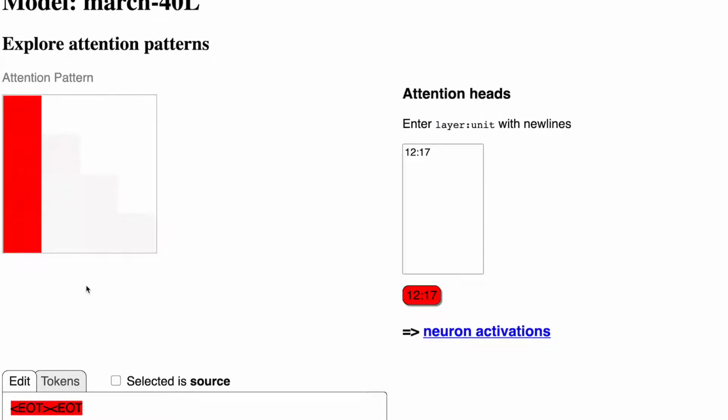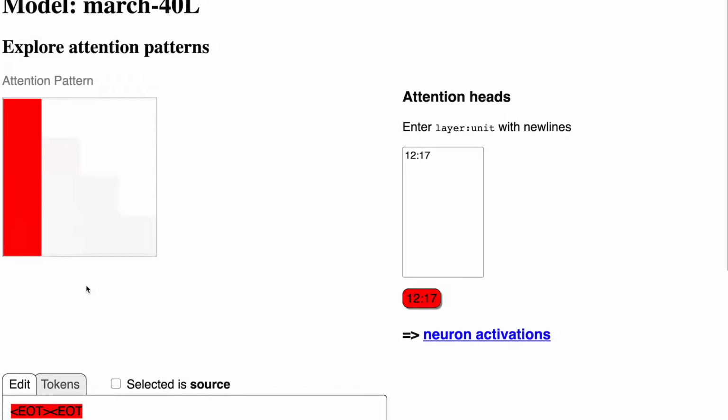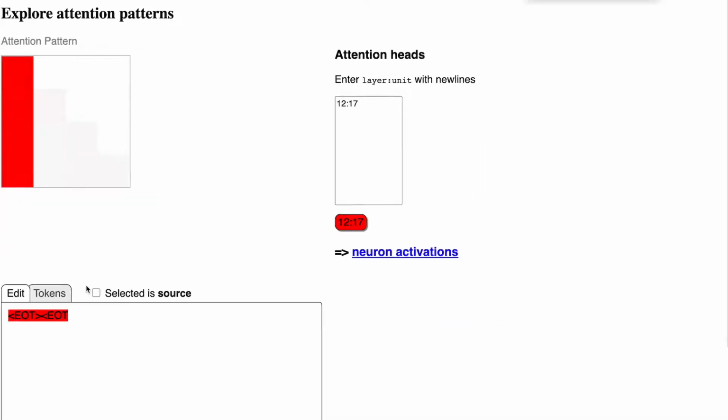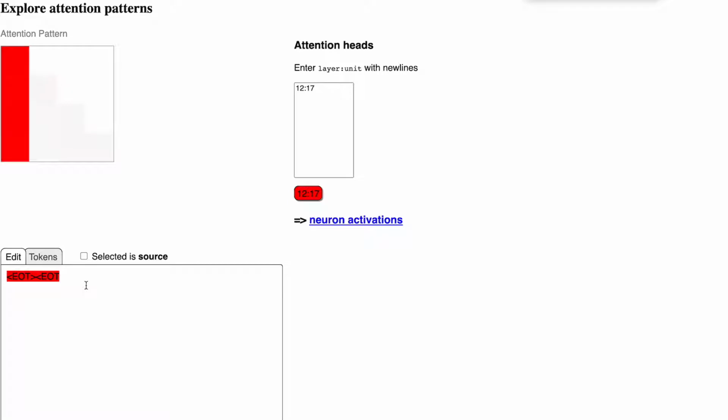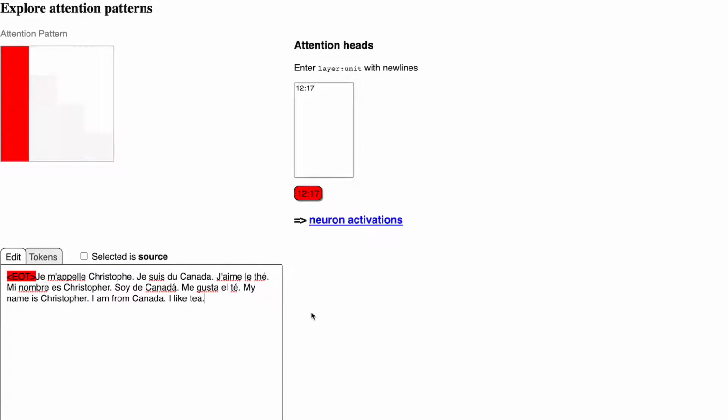Okay, so this is an interface that's going to allow us to poke around a little bit and type whatever text we want and see how attention heads behave. So let me put in some text that's in multiple languages.